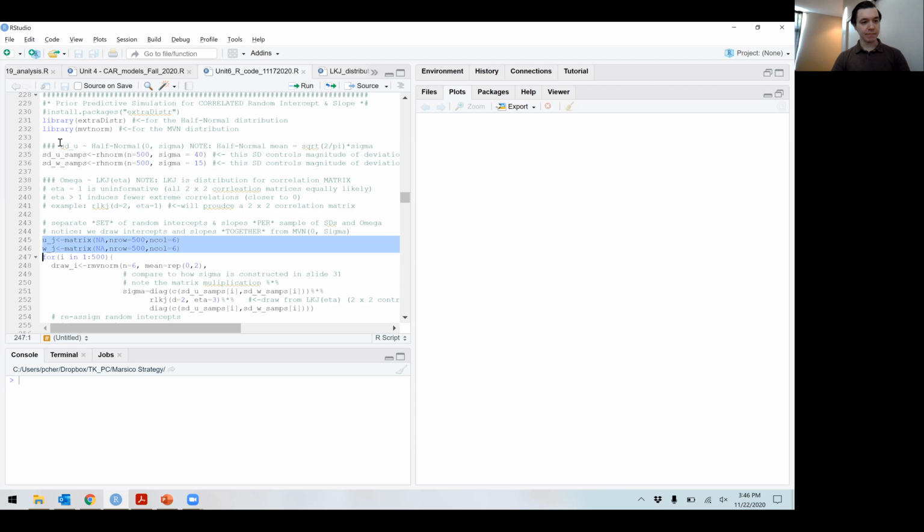But now look, I make my 2 receptacles for the random intercepts and the random slopes. I still will make a set of 6. I'm going to do this for 6 subjects. I will still produce 500 different regression lines for 6 subjects as part of my prior predictive simulation. But notice, we're going to draw these together from a multivariate normal, mean 0 and some variance covariance matrix.